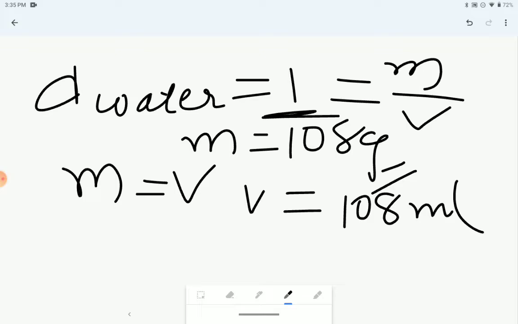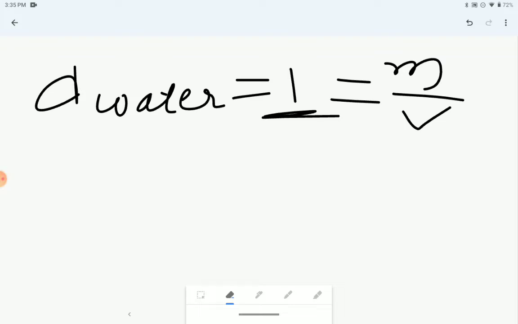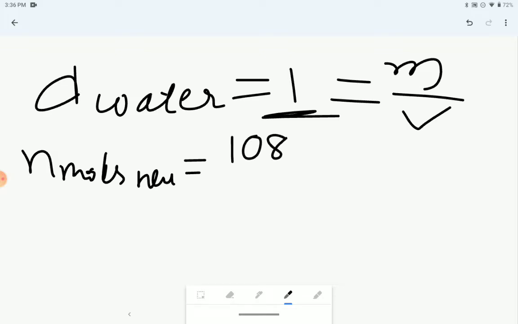Now to find the number of moles of neutrons, we have 108 ml given in the question. So here mass comes out to be 108 grams upon molecular mass. Number of moles is given by given mass by molar mass. Molar mass of H2O is 18, which we already know, and we need to find the number of neutrons.